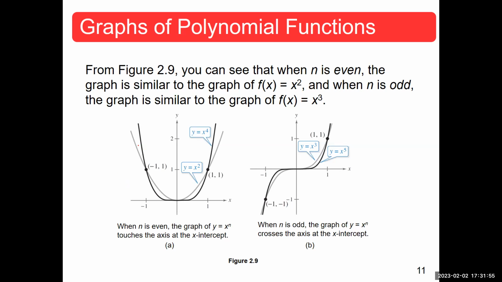See this graph here on the left. You can see the x squared function, shaded gray, has a little bit sharper rounded corner at the bottom. When you have a higher order like x to the power 4, it gets a little bit flatter at the bottom.